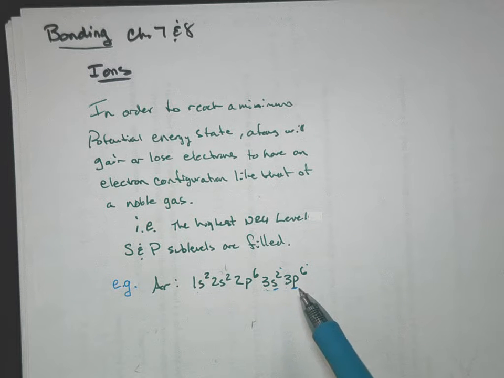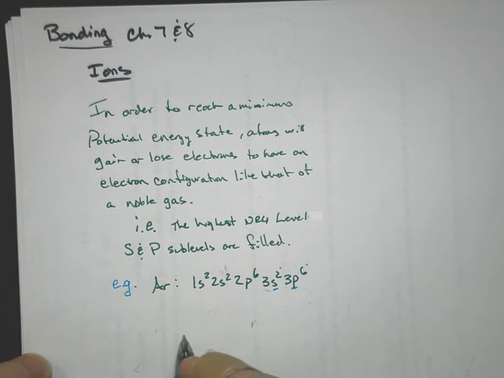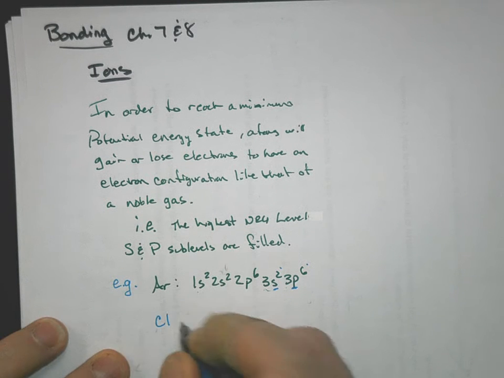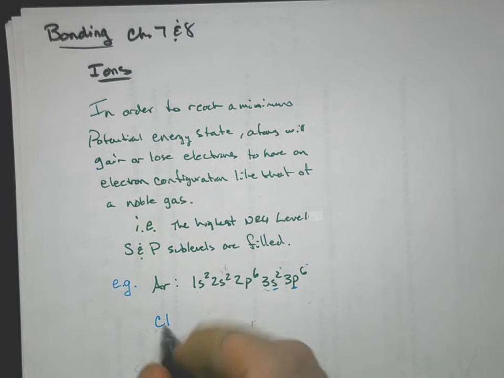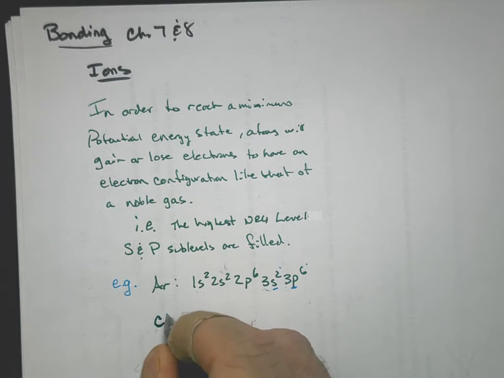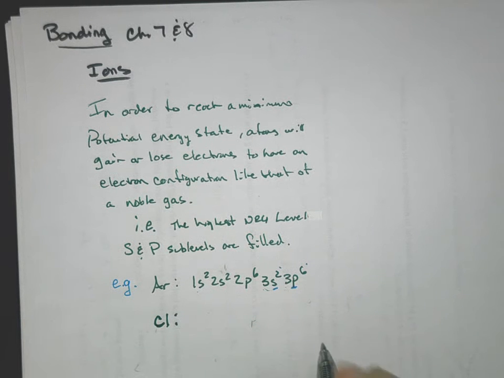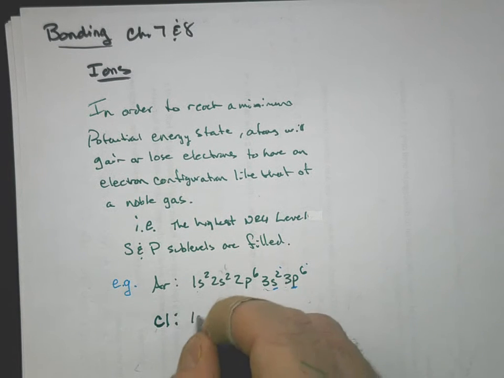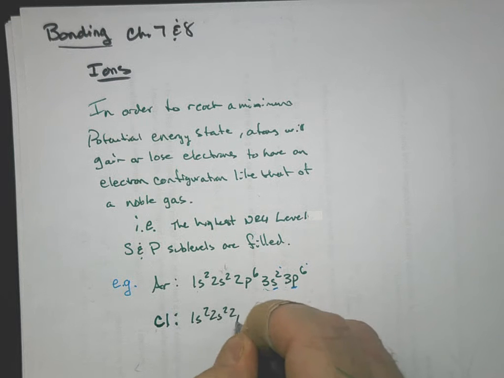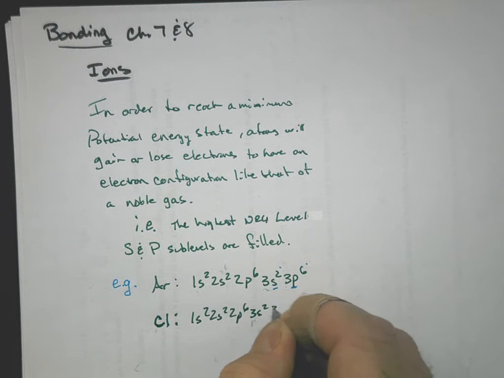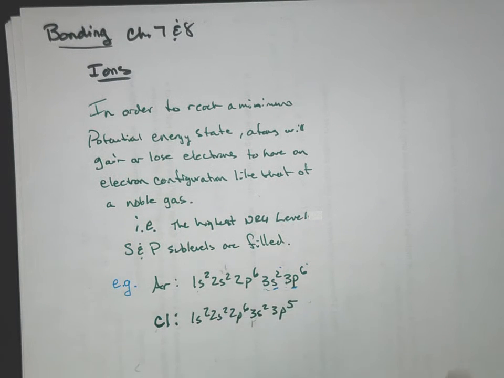All right. But other atoms try to do the same thing. Chlorine has this electron configuration: 1s2, 2s2, 2p6, 3s2, 3p5. It is 1 short of argon. It has 1 less electron, and its highest energy sublevels aren't filled.